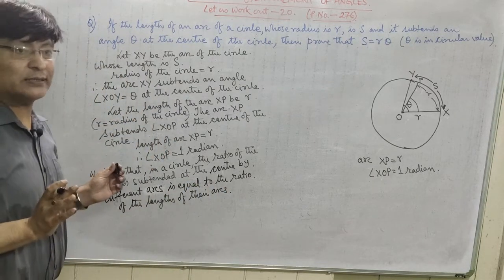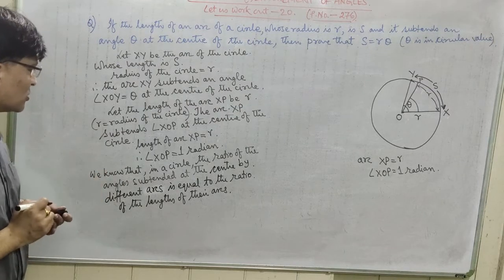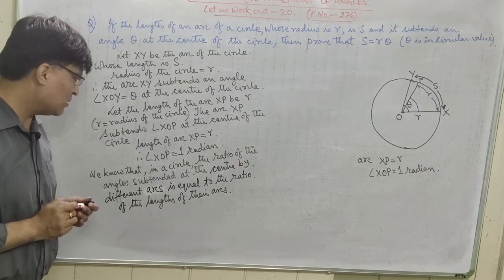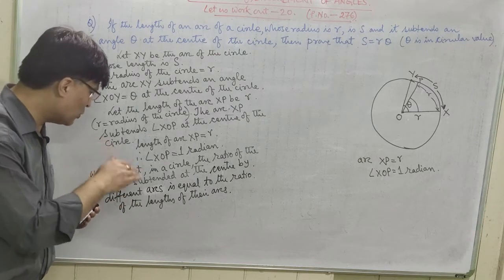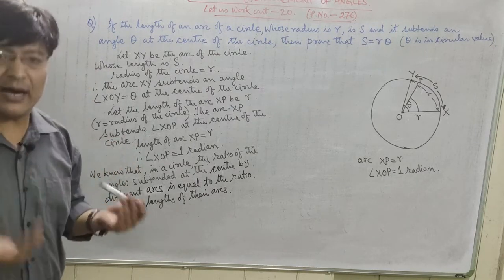So I think you have understood it. That is, in a circle the ratio of the angles subtended at the center by different arcs is equal to the ratio of the lengths of their arcs.